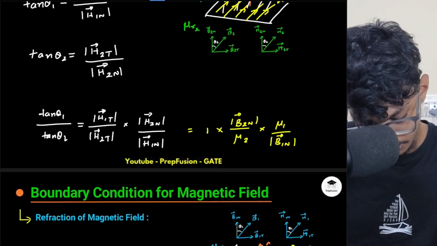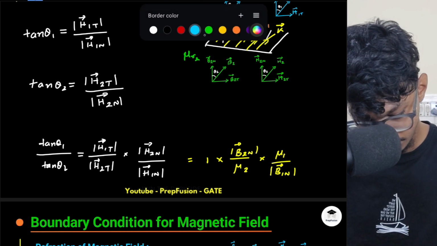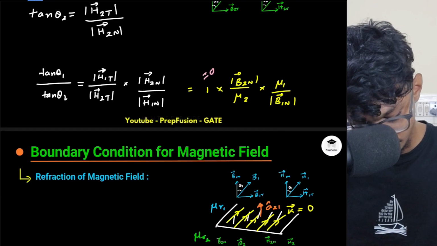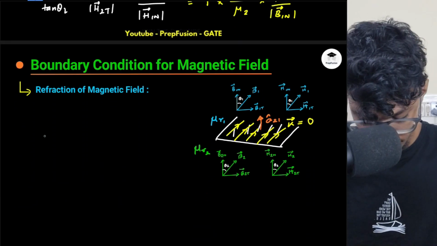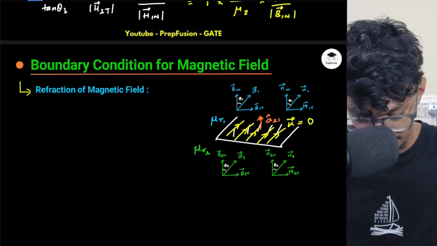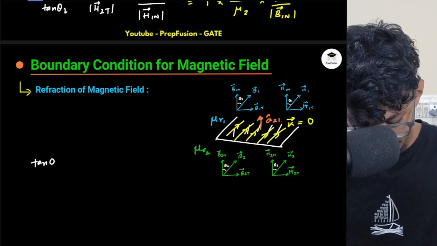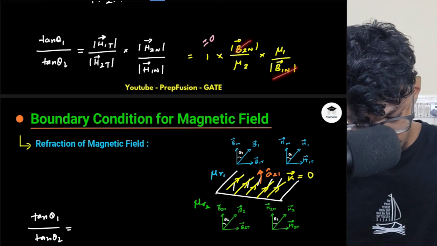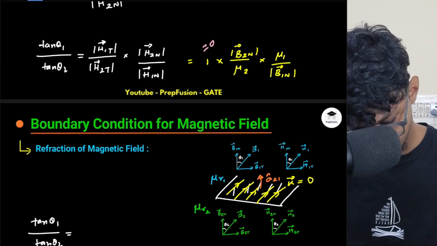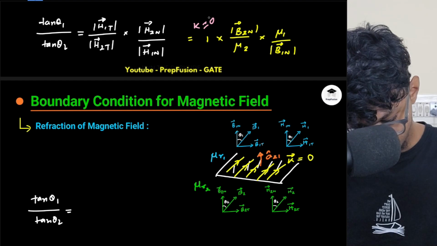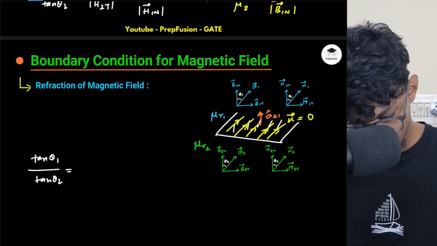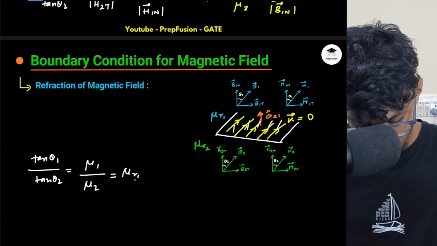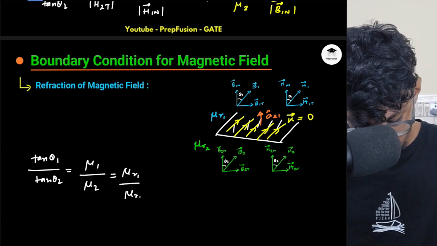So first of all you have to say here that you have assumed that K is 0. If K is 0, then basically you get a good tidy relationship: tan theta 1 upon tan theta 2 equals mu1 by mu2, or equivalently mu r1 by mu r2.